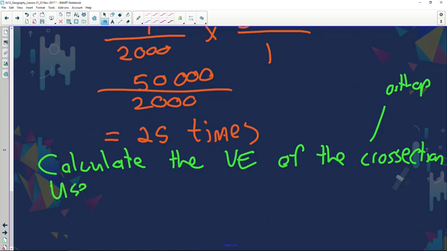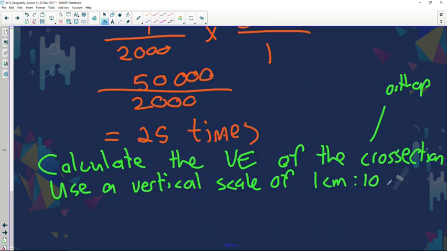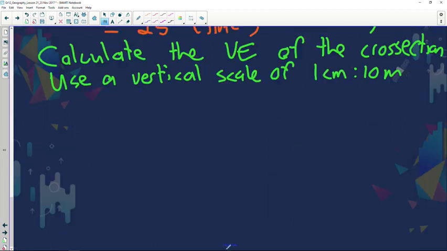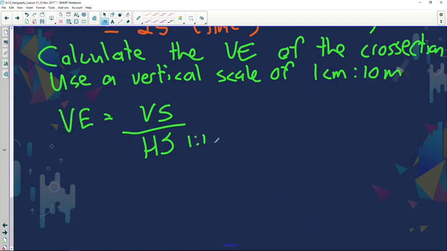Use a vertical scale of 1 centimeter represents 10 meters. Now what's the formula? Vertical exaggeration equals vertical scale over horizontal scale. Now I've mentioned that the cross section was on an orthophoto, so we know that is 1 to 10,000.